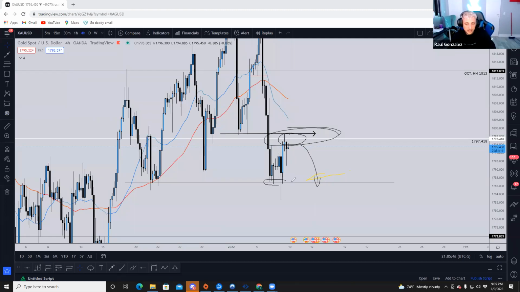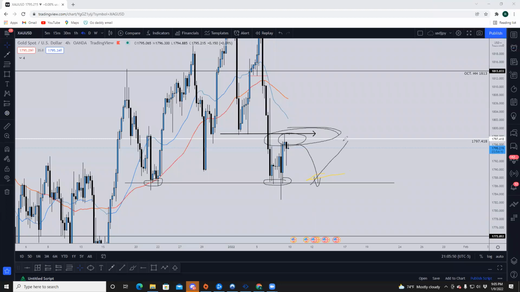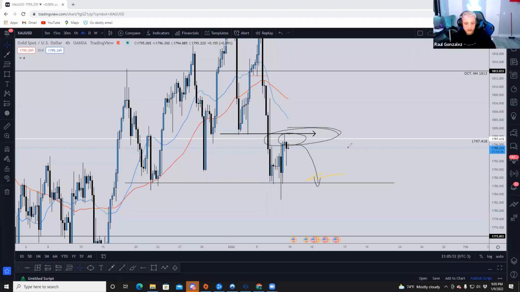If it maintains above this area, then we could potentially look to buy back up into here. But as of right now, what I'm looking for is for price to maintain under here, where I could look to sell until this area down here. That's if price can again maintain under this area. If price breaks above this area, I'll wait for it to pull back into this area, where I'll look for that retest, then probably look to take price long.